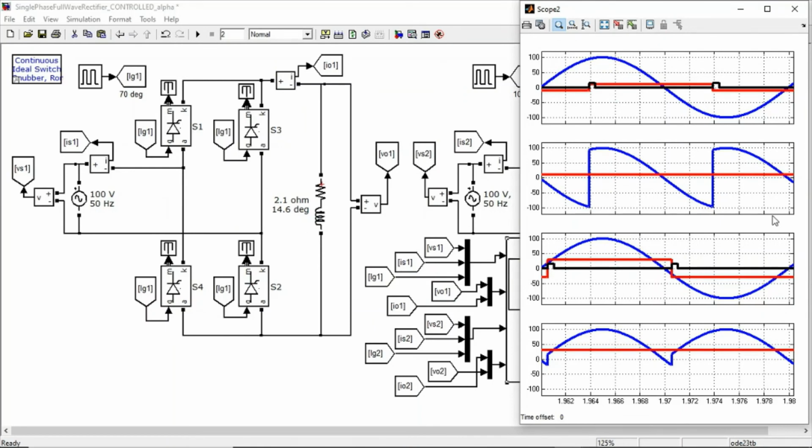As a result, the wave shape of the input current is a square wave.